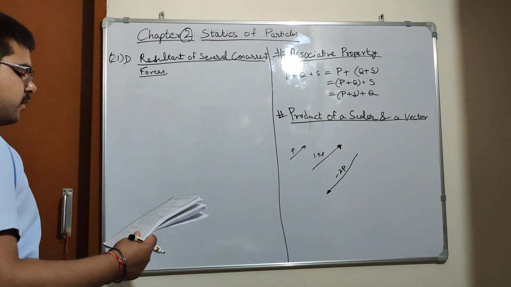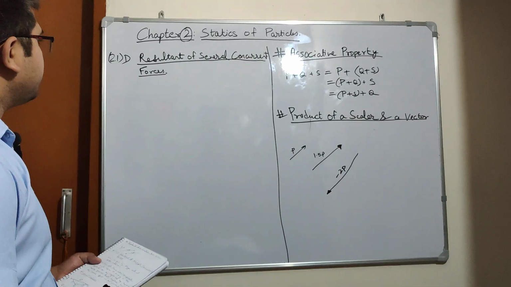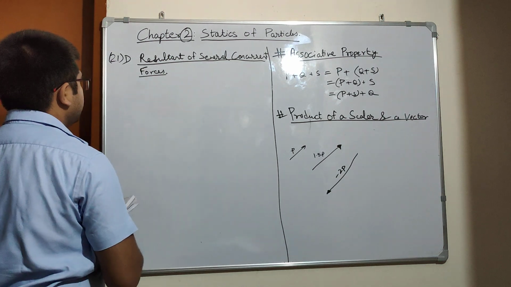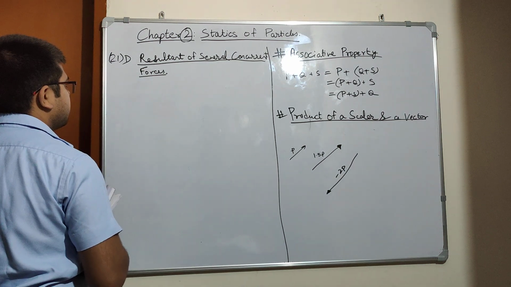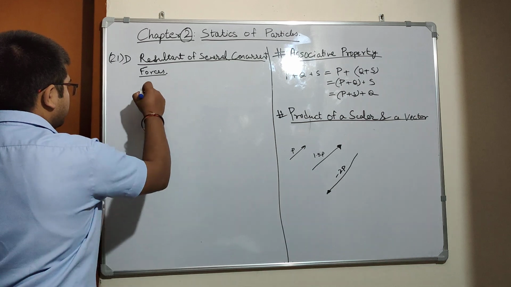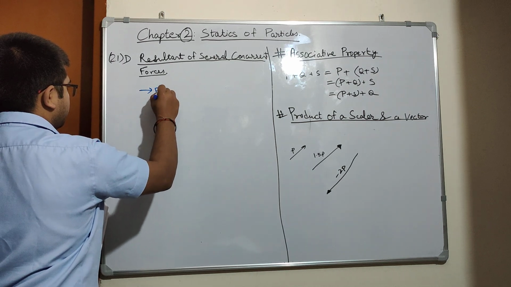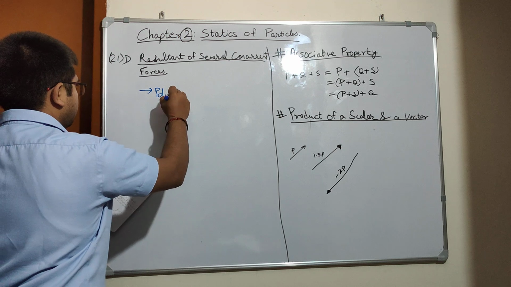The resultant of several concurrent forces can be simply given by the polygon rule.